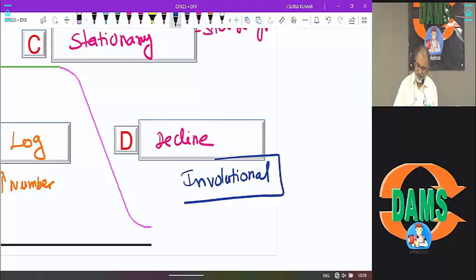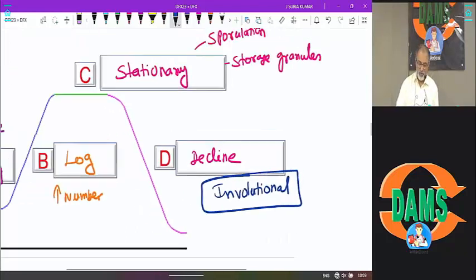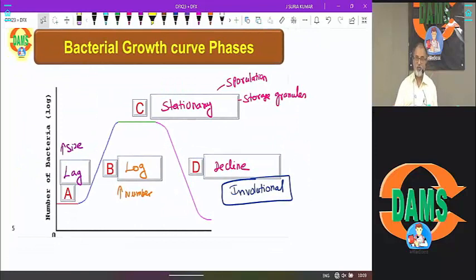In the decline phase, you are getting involutional forms. This is about bacterial growth phases: lag, log, stationary and decline phase. For each phase you should know what happens, at least 1 or 2 points. Just revise.